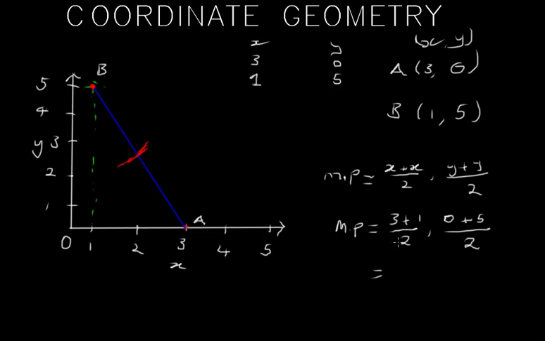So 3 plus 1 gives us 4 over 2, comma, 0 plus 5 gives us 5 over 2.